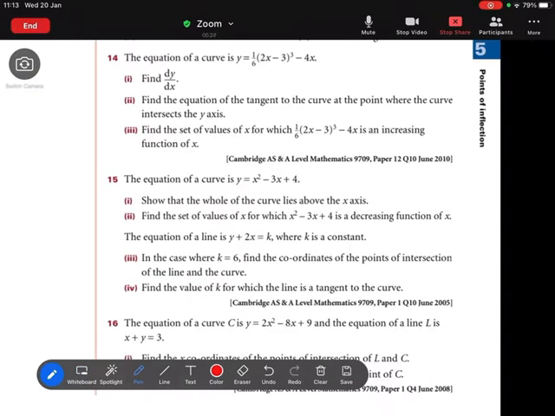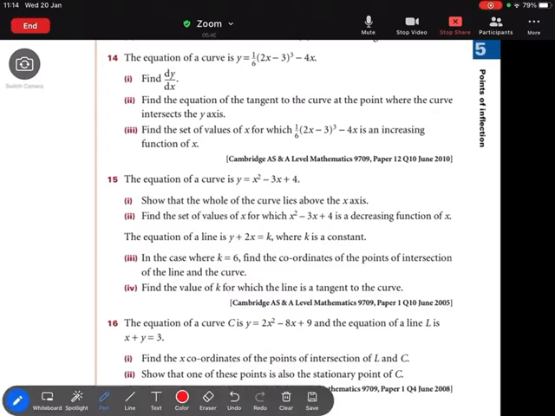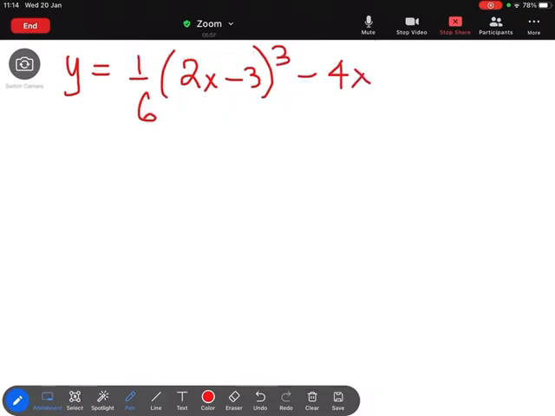Question 14 on the screen. The equation of a curve is y equals 1/6 (2x minus 3) cubed minus 4x. Find dy/dx. So we are being asked to differentiate the equation of the curve. So we have y equals 1/6 (2x minus 3) cubed minus 4x.